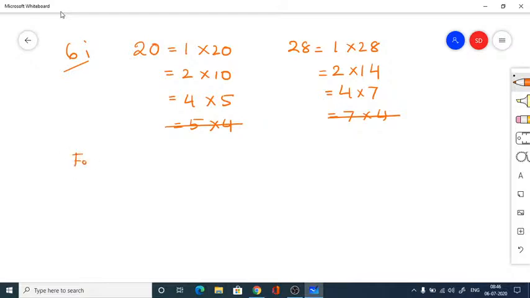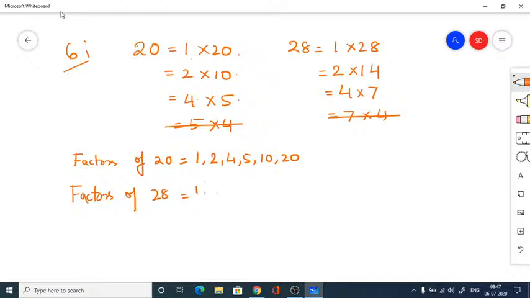So let us write the factors of 20 is equal to 1, 2, 4, 5, 10, 20. Then factors of 28: 1, 2, 4, 7, 14, 28.